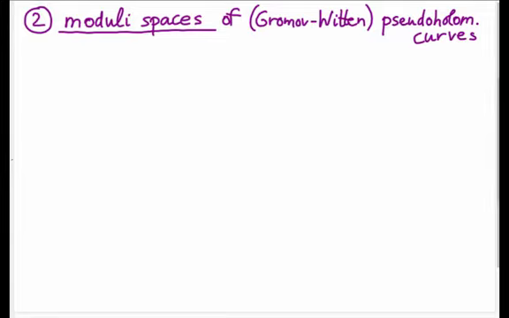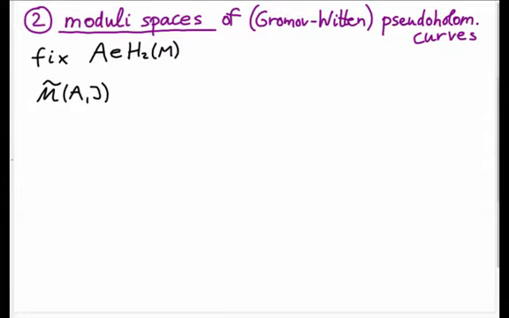So I'm going to fix a homology class now in the symplectic manifold. And then there's a space of holomorphic maps that represents the class A, and that is J-holomorphic.